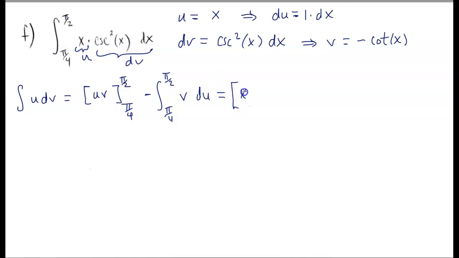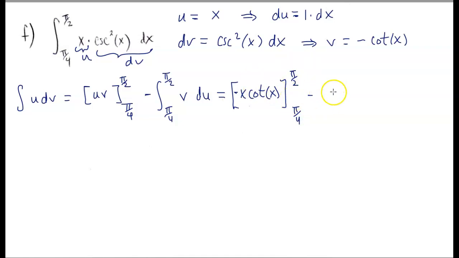And of course, u is x, v is minus cotangent x, and we evaluate that from pi over 4 to pi over 2.